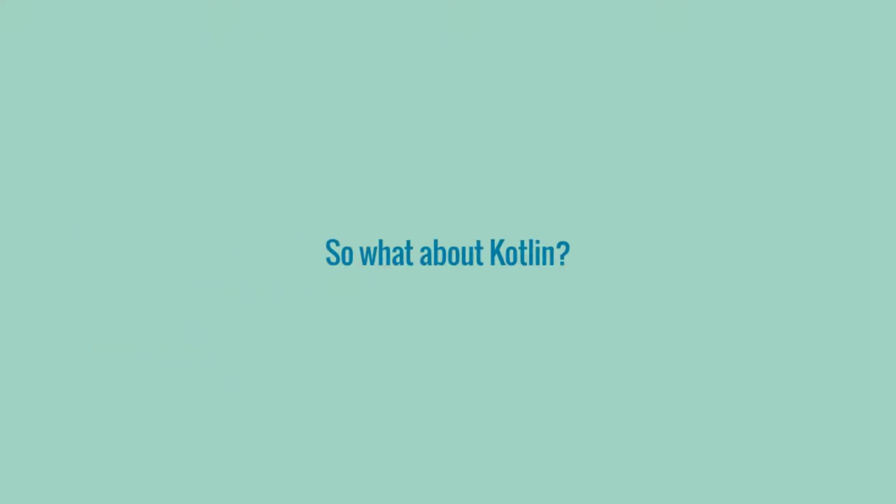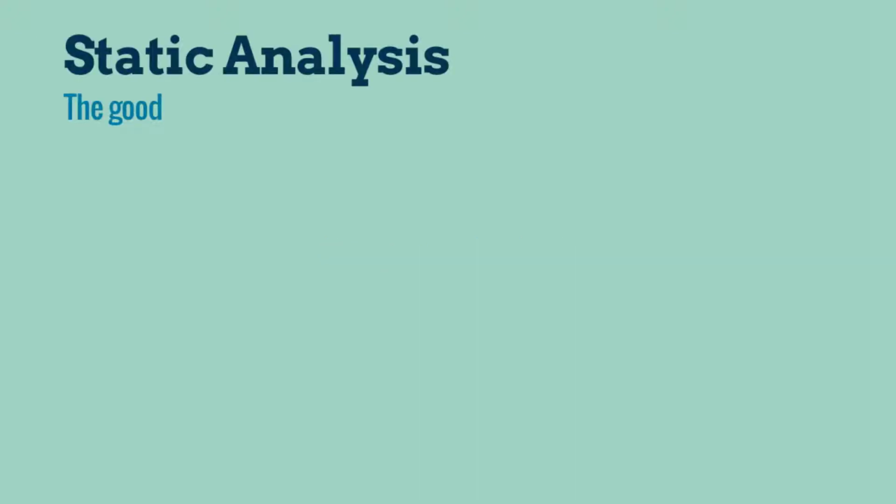But what about Kotlin then? Because we've talked about Java, but the situation is not exactly the same. So there's some good to it. Mostly Android Lint works. There's been a lot of work from the Android Lint team a year or two back, where they basically ported the whole Lint engine from one older set of APIs for parsing the syntax tree to a newer one.